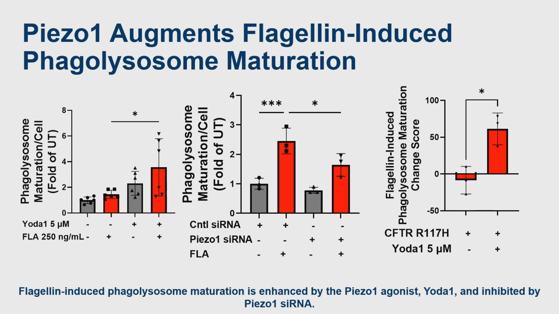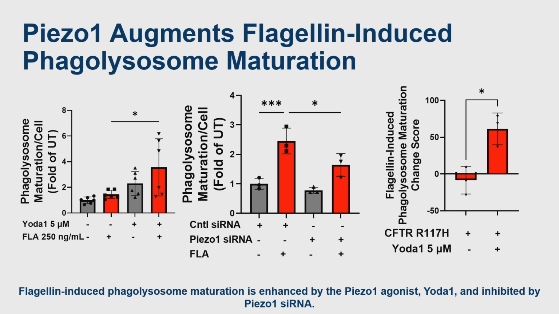Similarly, when you downregulate piezo-1 using siRNA, there was decreased flagellin-induced phagolysosome maturation. And finally, to test the relevance of this in the CFTR mutant bone marrow-derived macrophages, we did the same thing, and we were in fact able to augment flagellin-induced phagolysosome maturation using YOTA-1 in the CFTR mutant BMDMs.